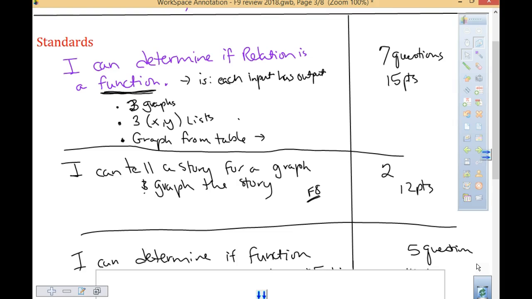So when you are looking at that, kind of like in F8, where you are looking at those stories, I'm going to give you a situation and I'm going to ask you to plot that. What does it look like for a graph? What is it telling you about the starting point? What is it telling you about the rate of change? There are 2 questions worth 12 points.